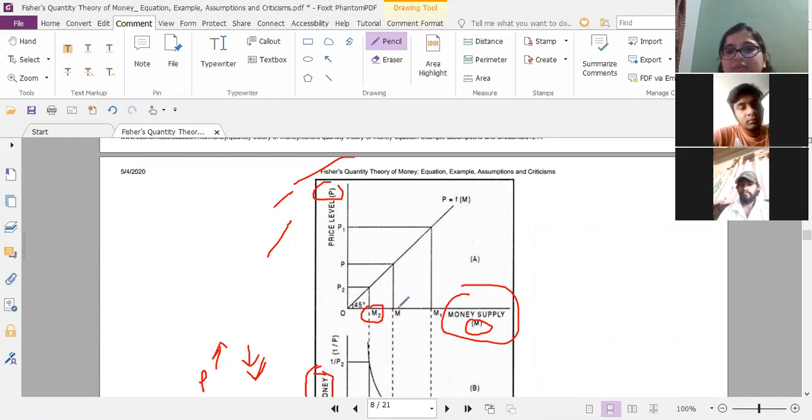Half means exactly in between the point. So M2 will give you that half. So the money supply is now decreased. If you decrease from OM to OM2, prices also decrease, P to P2 comes, the price also becomes half, right?